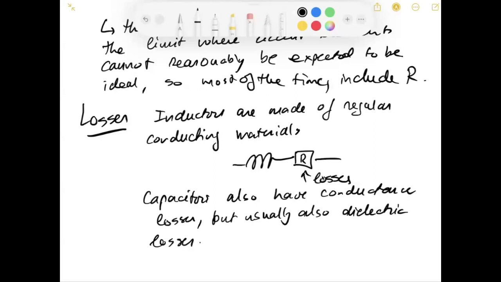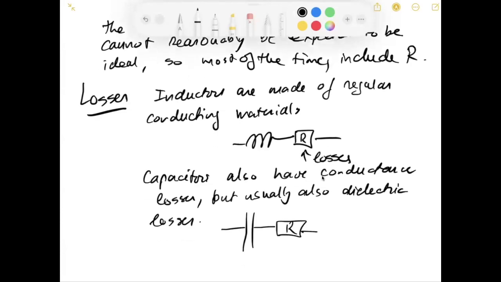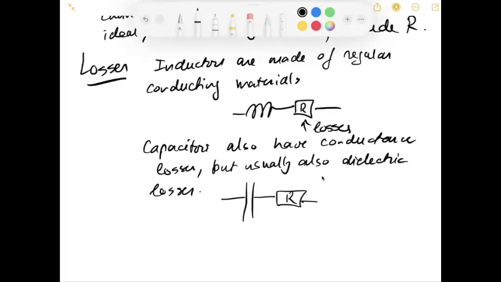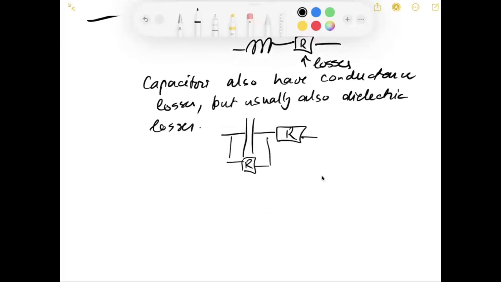And this is something when you select a capacitor, you would find out what those dielectric losses are, and it's usually specified as some kind of a loss angle, and it becomes very much a material science problem. But the long story short is that there's some kind of a table that allows you to figure out, okay, what is the resistance I need to pick for this capacitor. You could also sometimes model it as some kind of a loss here. Okay.